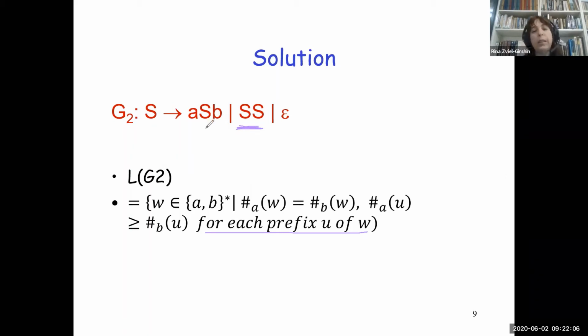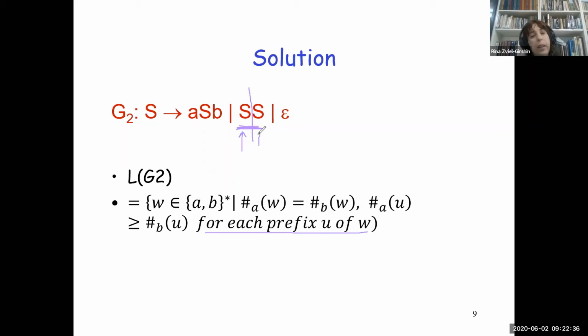In prefix, if I use rule number 1, I can have the number of A's in the prefix that is larger or equal to the number of B's. And if I use the second rule, in the first part I will have the number of A's equal to the number of B's.